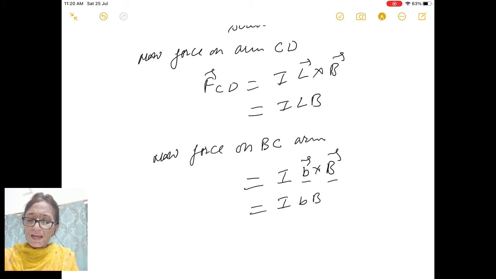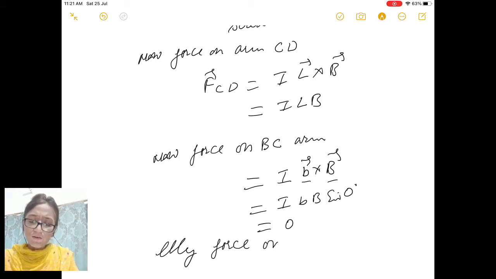So here the angle becomes equal to 0, and therefore this force becomes equal to 0. Similarly, you will find that the force on DA is equal to 0.